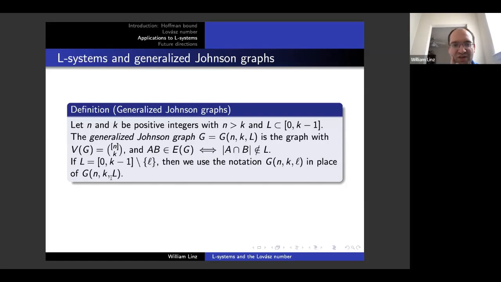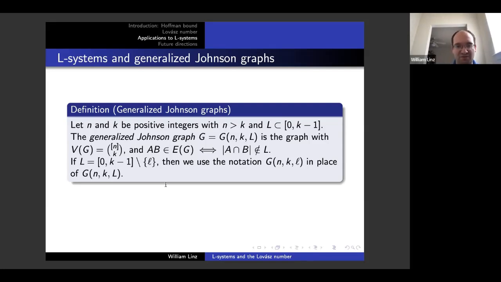The name generalized Johnson graph, part of why I picked it, and I didn't write this anywhere specifically in the talk because it's not strictly necessary, is that these generalized Johnson graphs correspond to unions of classes of graphs from the Johnson scheme, which is a well-studied association scheme.